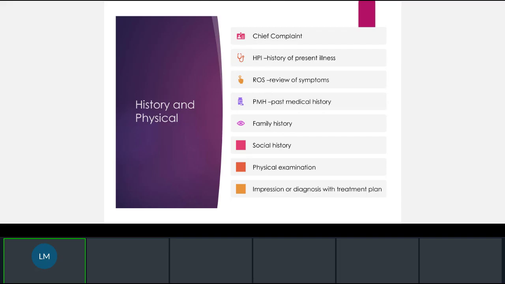But that would be the clinician doing that. So that would be included in the physical exam.